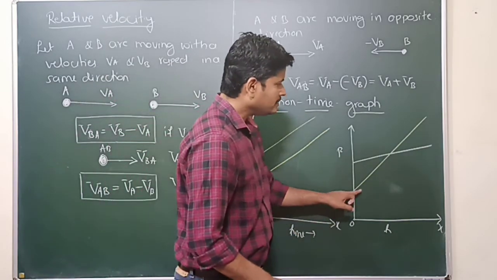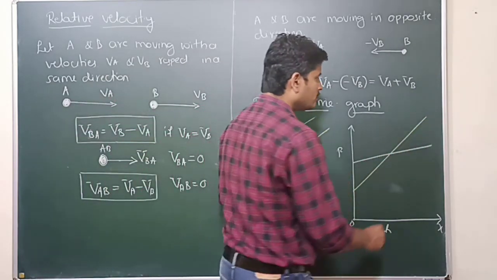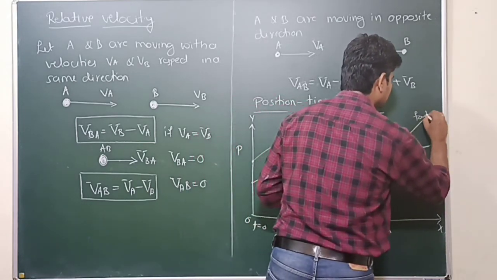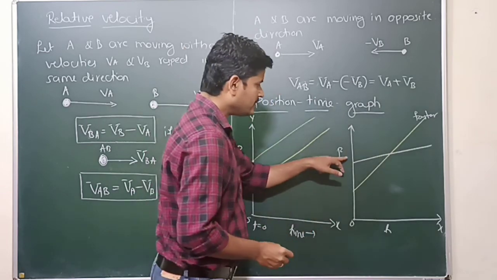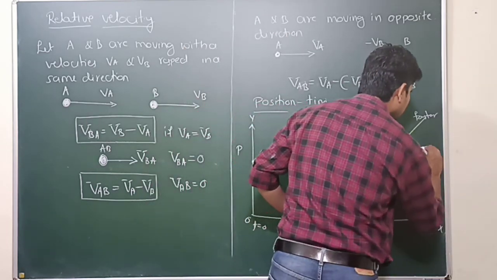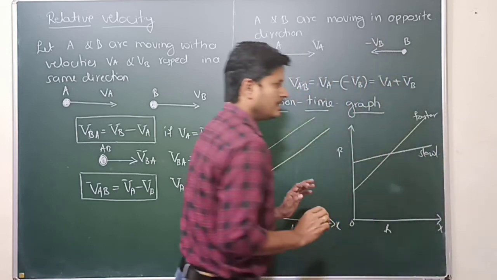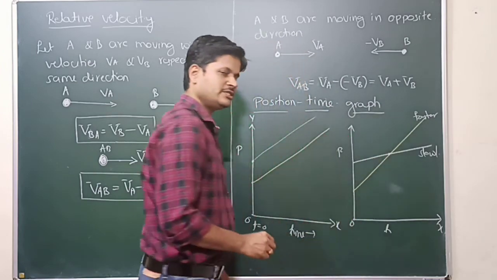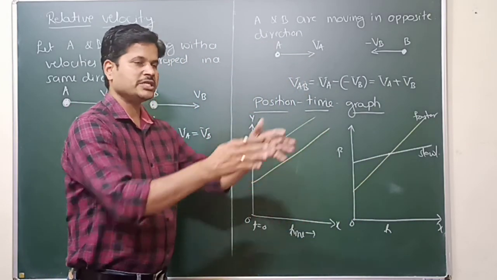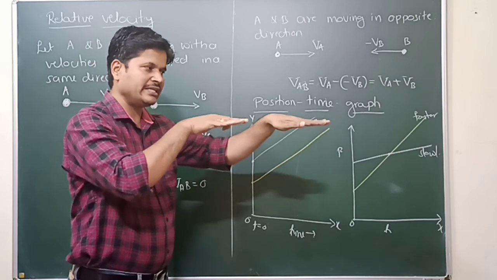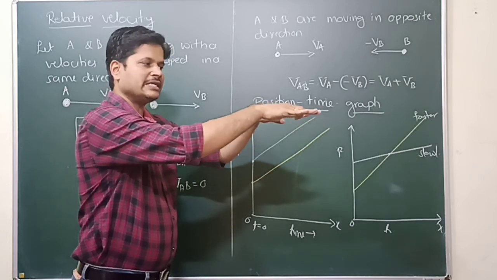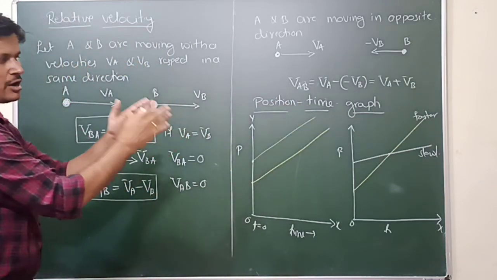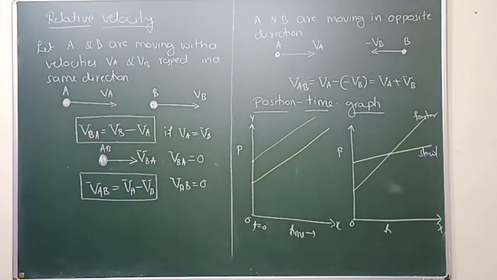This line shows the object moving faster, and this object moving slowly. Just remember, because of this intersection, this shows that when they are moving in the same direction, A and B meet at a certain point, at a certain position. This is the meaning of that graph. Remember.